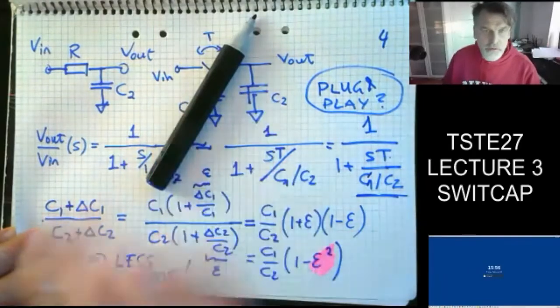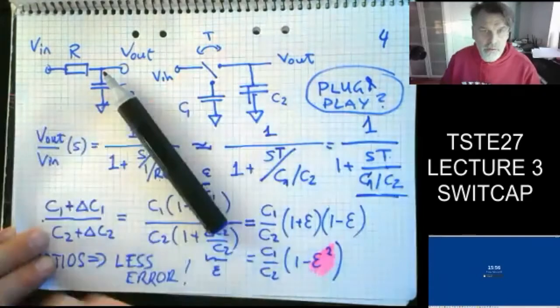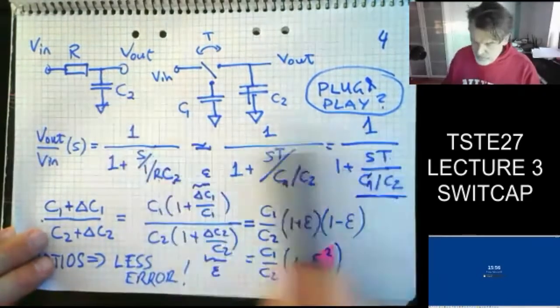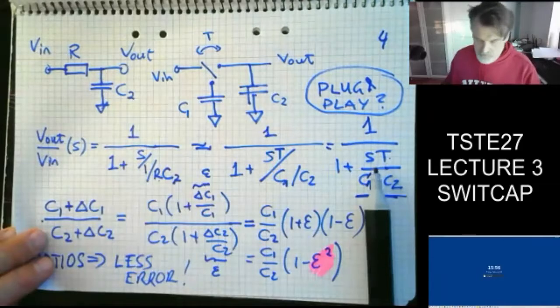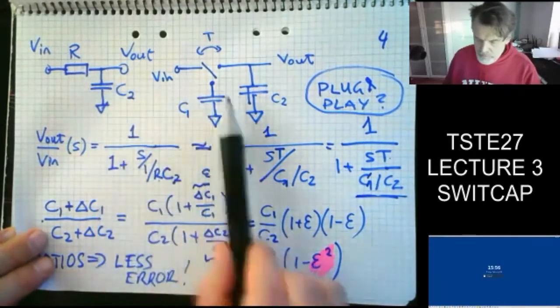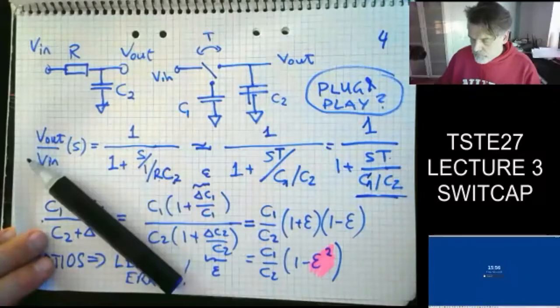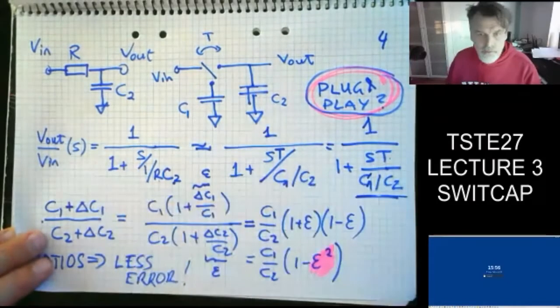So there is a certain charge sharing happening between C1 and C2 during that half period. That was not analyzed or used in this approach. So we just assumed we could plug and play the resistor with a switched capacitor, and we will find that this method is not the right way of doing it.